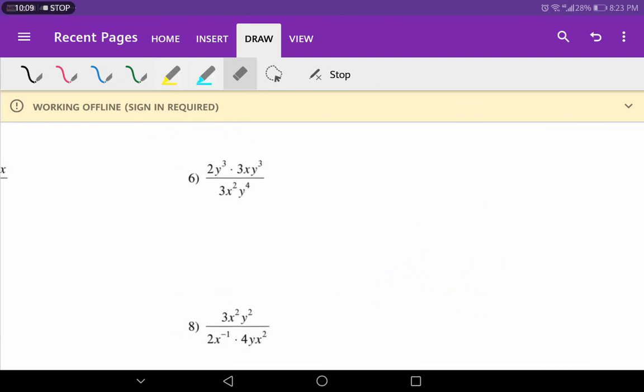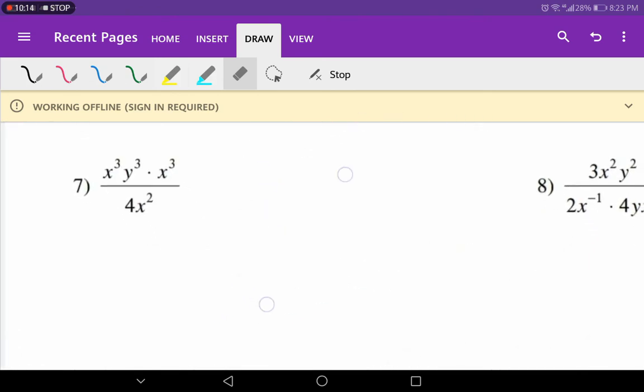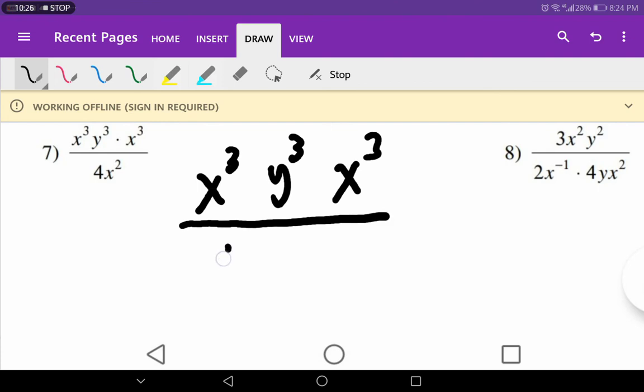Now 7. I will write it again, my dear student. It is x cube y cube x cube over 4 with power x2.